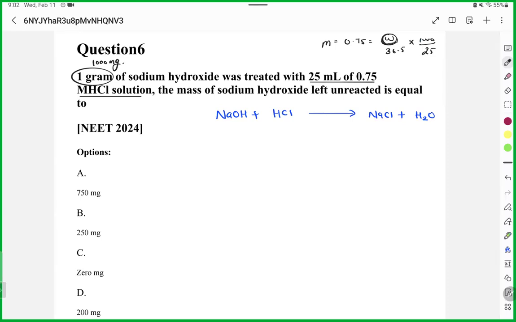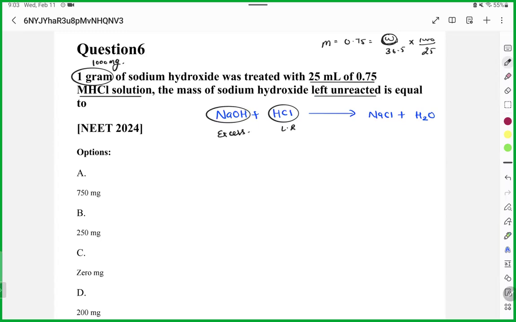Now you will compare and find out which one is the limiting reagent. Mass of NaOH left unreacted: it means HCl will be the limiting reagent and NaOH will be present in excess. That's why it is left unreacted.